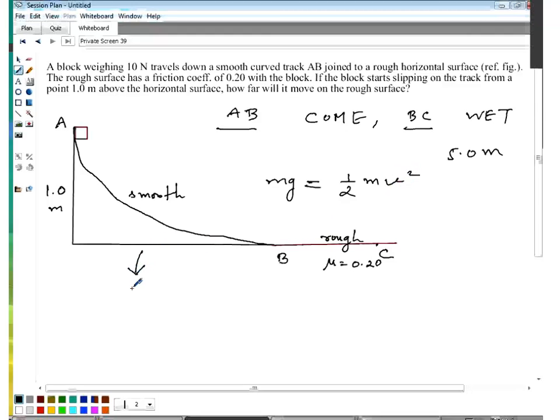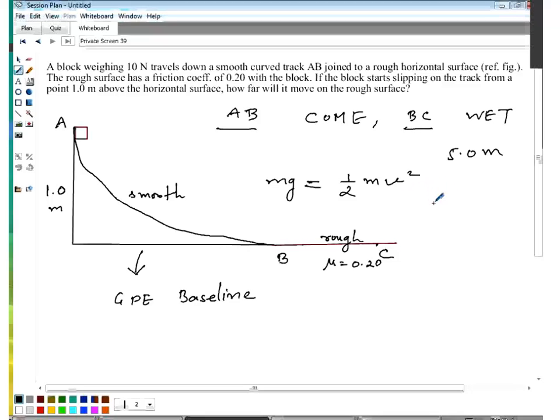Now I'm taking this as my baseline for GPE. So potential here will be 0.